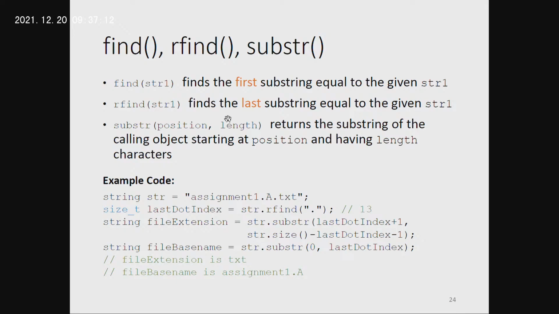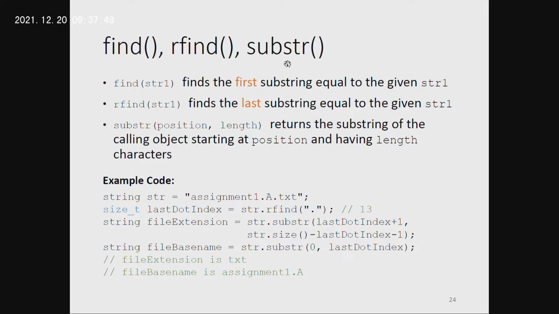In this slide, I introduce common operations about string, including find. Find returns the index of str1, and rfind means reverse find, which means you search the string from the end of the string.